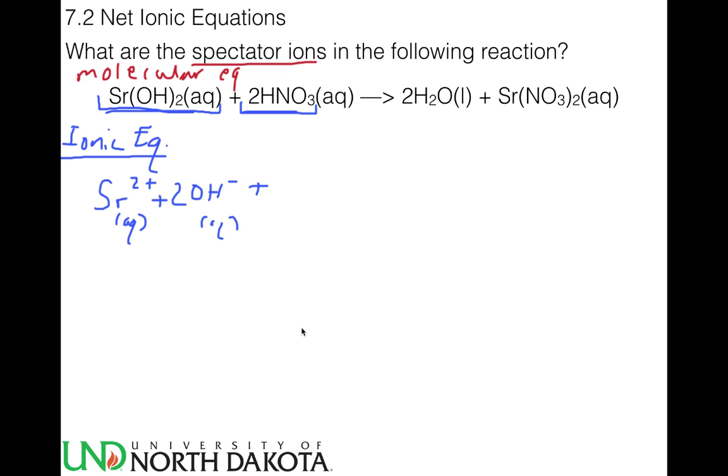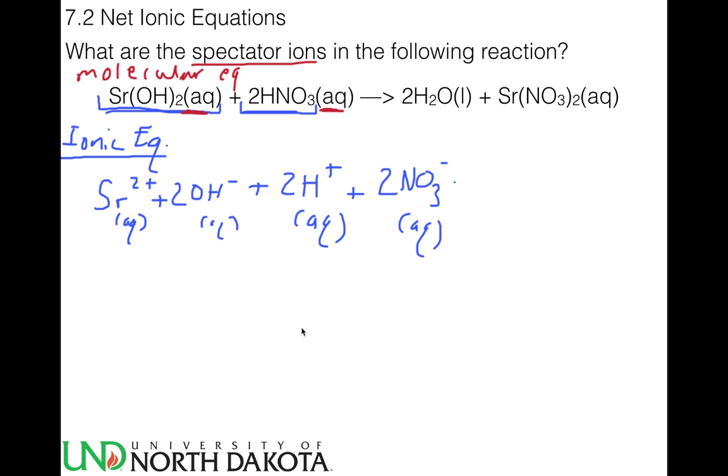Here we'll have 2 of them because of the coefficient 2 out front. And we'll also carry that coefficient 2 to the nitrate, NO3 minus. So on our reactant side, we have strontium 2 plus, 2 hydroxide ions, 2 H plus ions, and 2 nitrate ions. Looking again to see that both compounds are written as aqueous and they're ionic compounds, so we can split them into their ions.